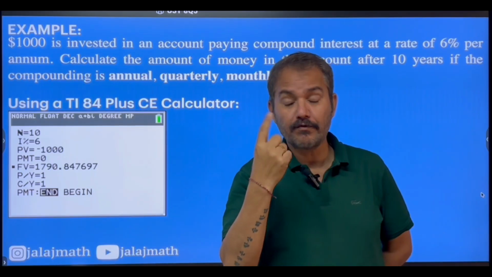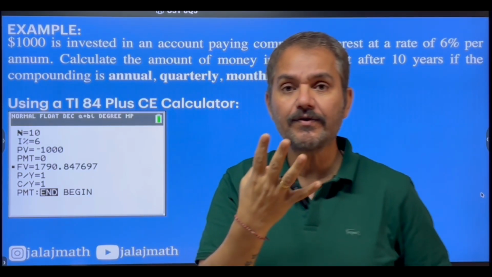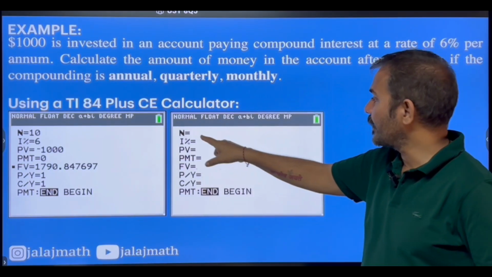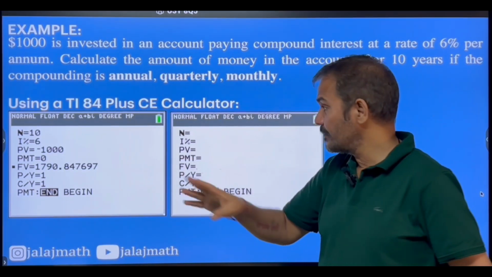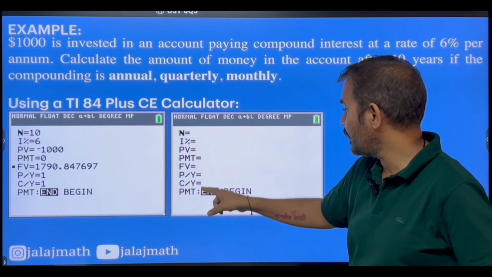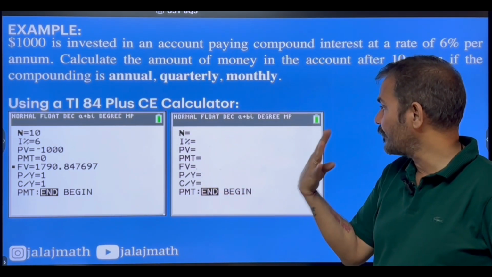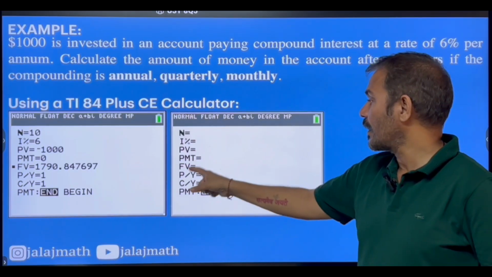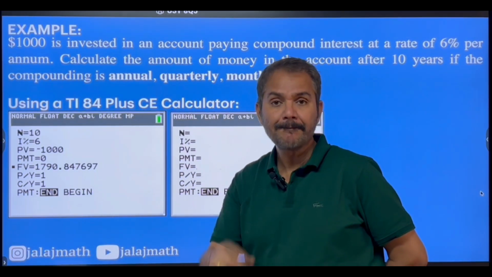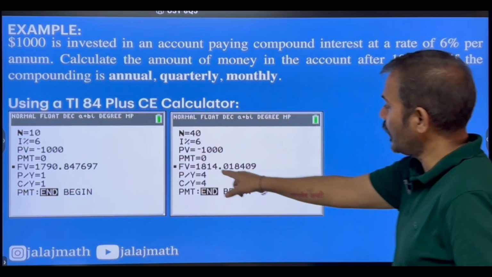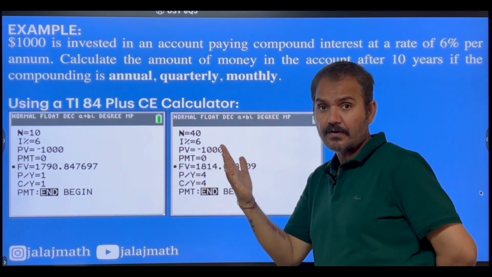In 1 year there are 4 quarters, in 10 years there are 40 quarters. So N will become 40, because we are counting in terms of quarters. P/Y and C/Y will be 4 each. I and PV remain the same. Again, take your cursor to FV, press Alpha and Enter, and this is what you see. This will be your answer.